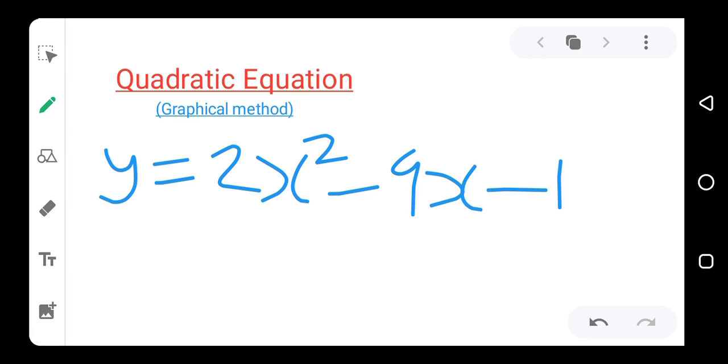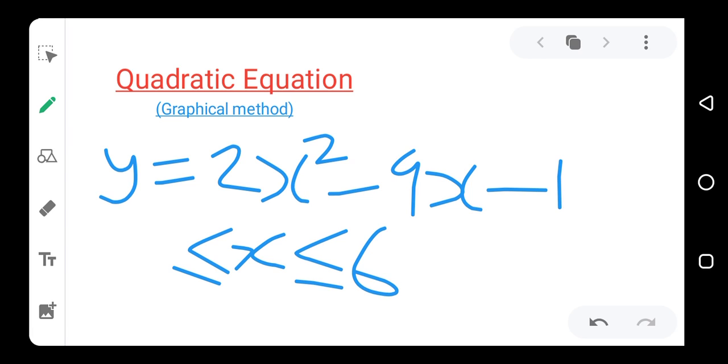Now in this equation, you may be given that x is a number that is less than or equal to 6, and a number that is greater than or equal to, let me say, -1.